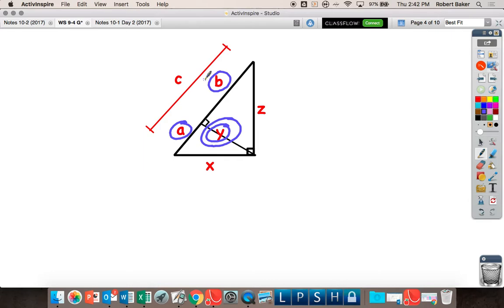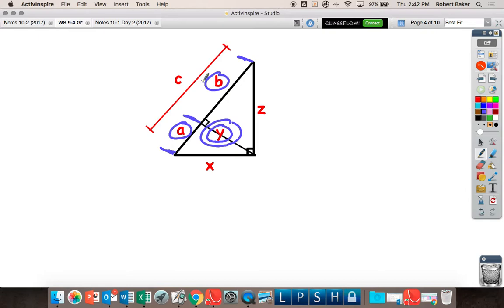The important part of this is A goes from here to here, and B goes from here to here. So it's segments of the hypotenuse. It goes this piece over the altitude equals the altitude over this piece. It's the segments of the hypotenuse and the altitude.